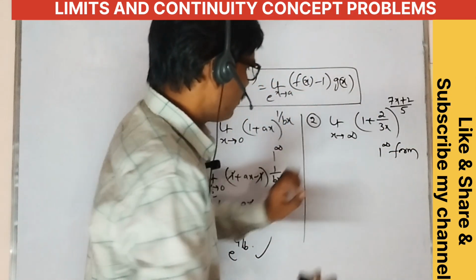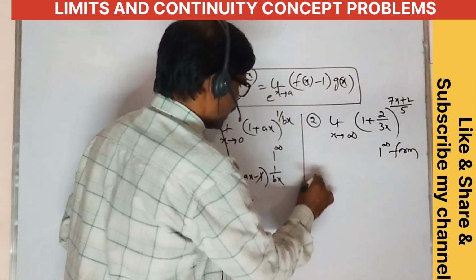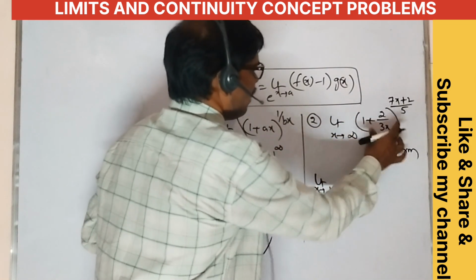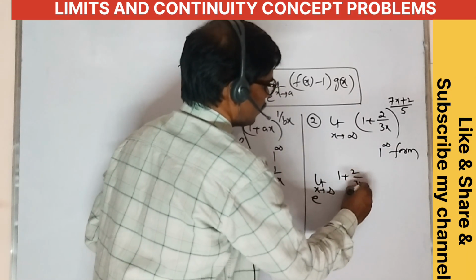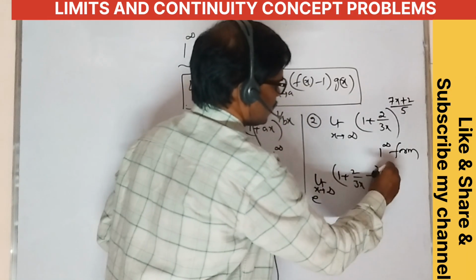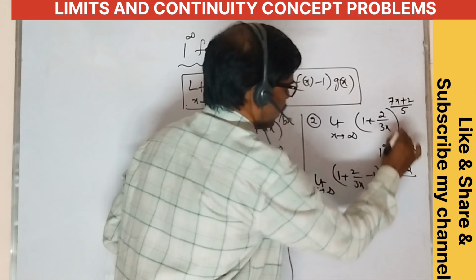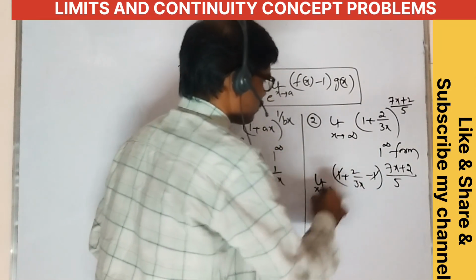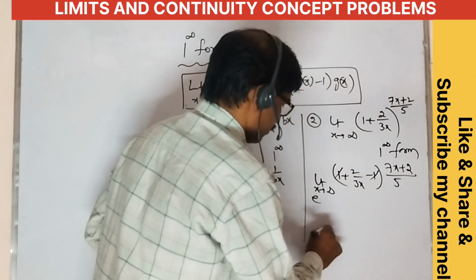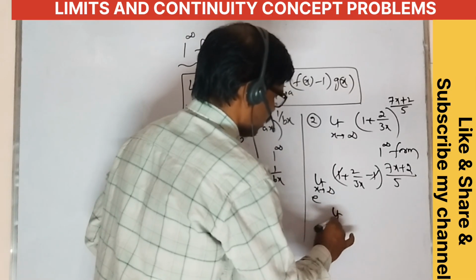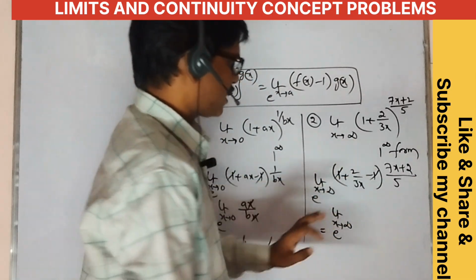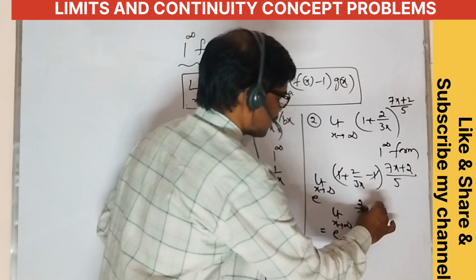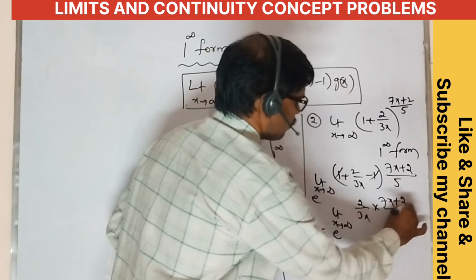Understand, what is the formula? e power limit x tends to infinity of (f of x minus 1) into g of x, where f of x minus 1 is 1 plus 2 by 3x minus 1, and g of x is 7x plus 2 by 5.